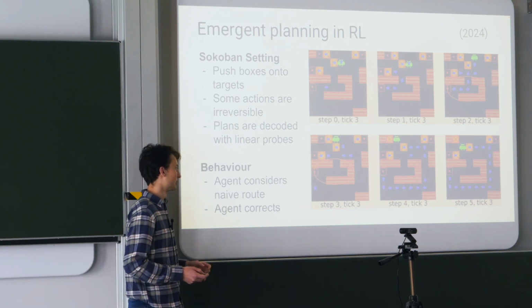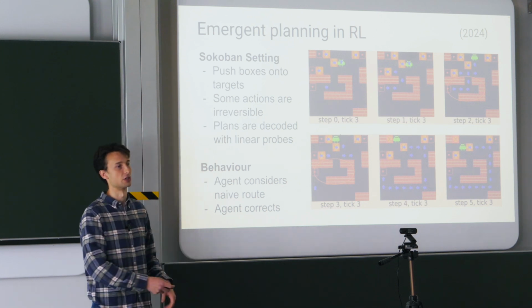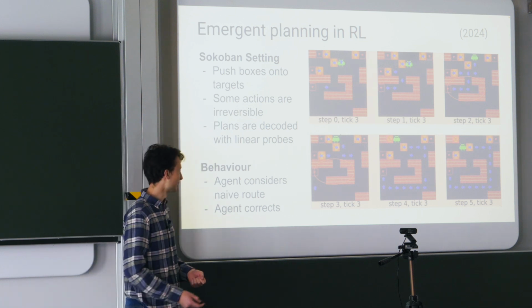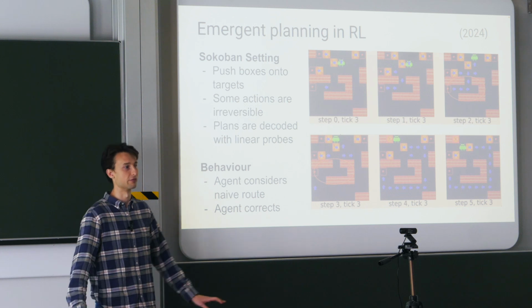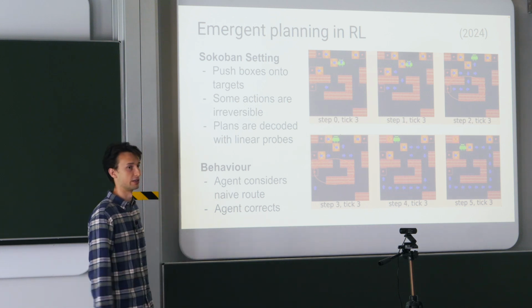And I think it's important that back in the example of the Stockfish chess engine, there was a really explicit planning algorithm that humans implemented, but in this case, the planning arose entirely emergently from reinforcement learning. There are no auxiliary objectives, it's just reinforcement learning on solving these tasks.